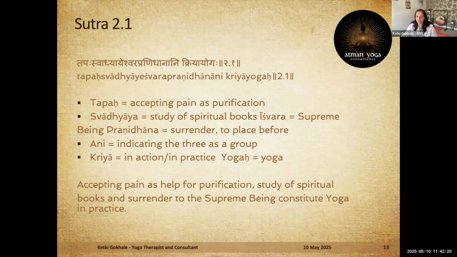That is but obvious. And then Ishvara, that supreme being or absolute reality, is termed as Ishvara by Patanjali, and to that highest power, surrendering, placing before. You know what happens when a person is on the path of sadhana, or even if he is not doing any kind of sadhana, he is successful in his career, in his life.